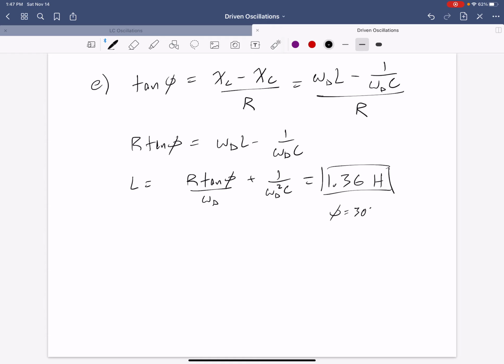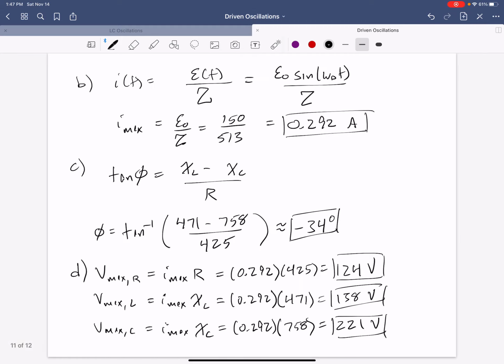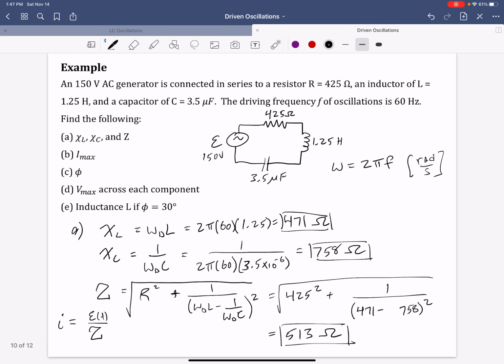Well, we have a slightly larger total inductance. But that's how you solve for each of these various values, properties, phi, chi sub L, chi sub C, from a standard RLC circuit. All right, thanks for watching.